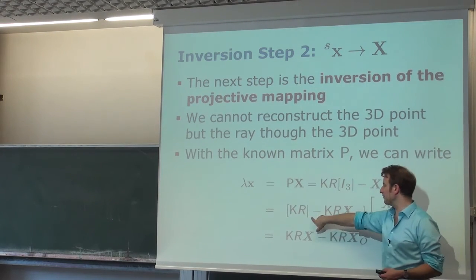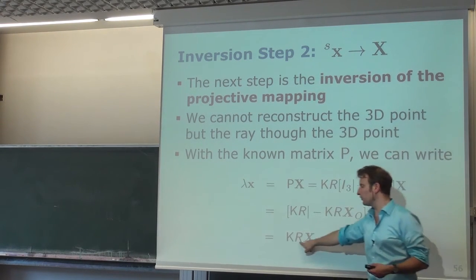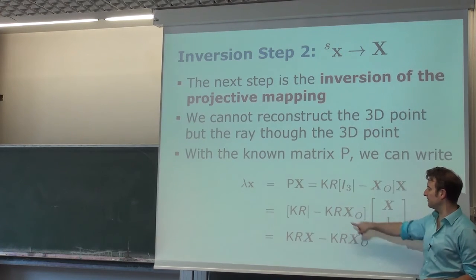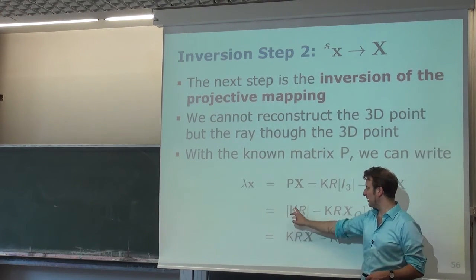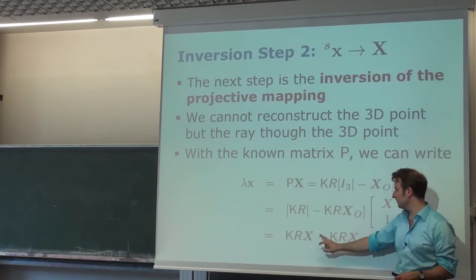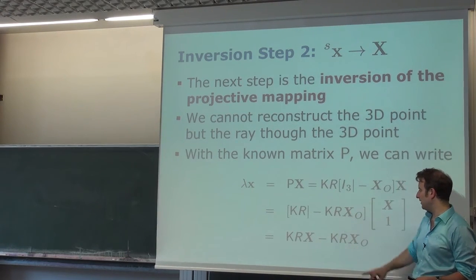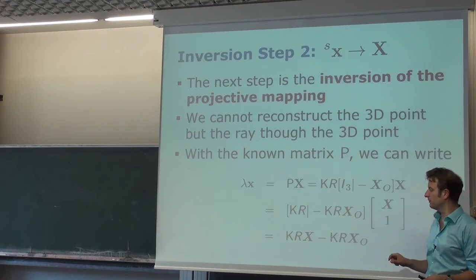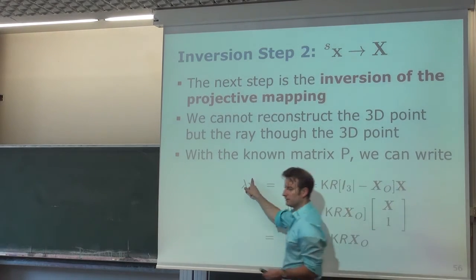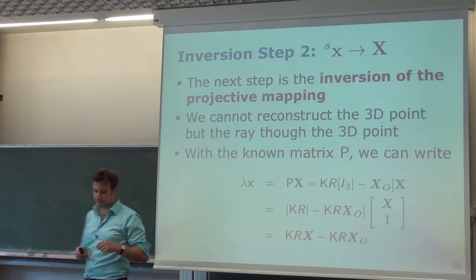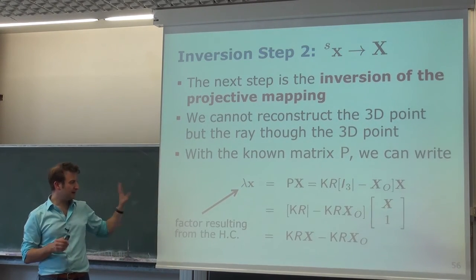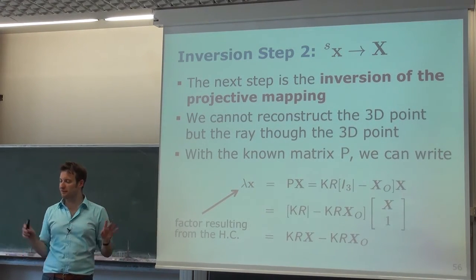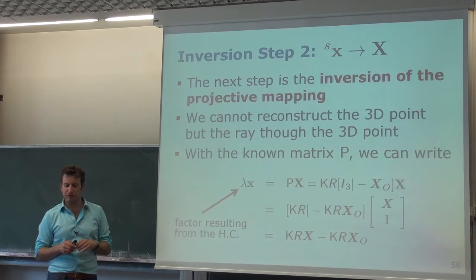So if I multiply now this matrix with the Euclidean vector, I get this equation over here, just multiplying this. So it's kr times x minus kr x0 times 1. So this stays the same. This is now the equation that I have. Again, the factor is just my scaling factor from my homogeneous coordinates.